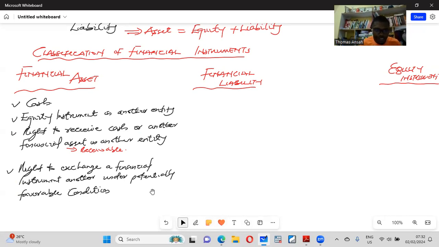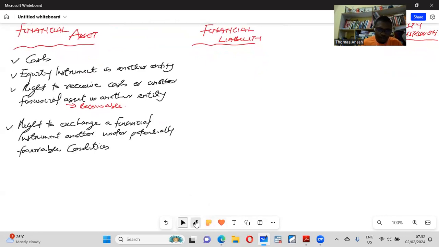All right. Then lastly, this is the part that makes it very interesting, and be careful about that. We have the non-derivative, and an example of a non-derivative is a share.